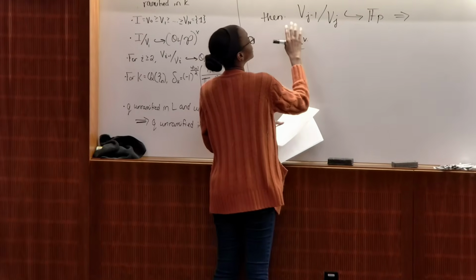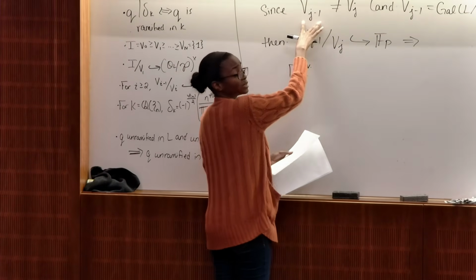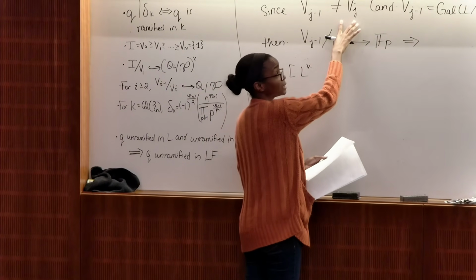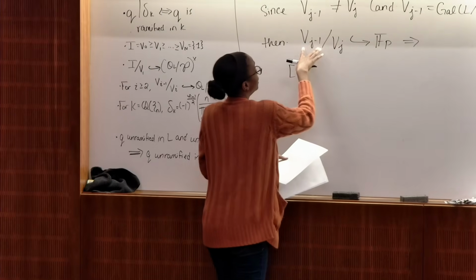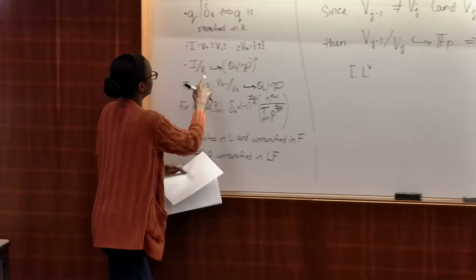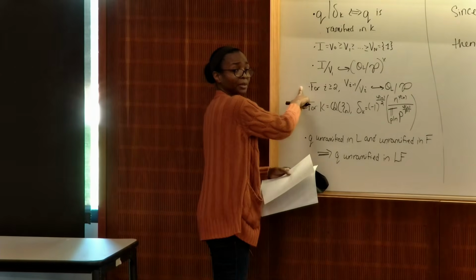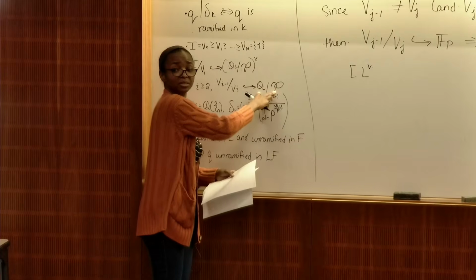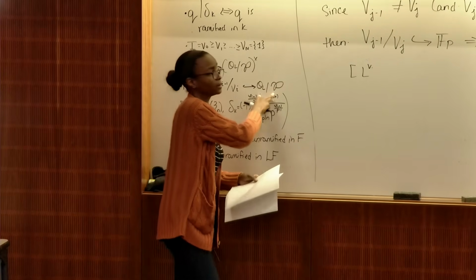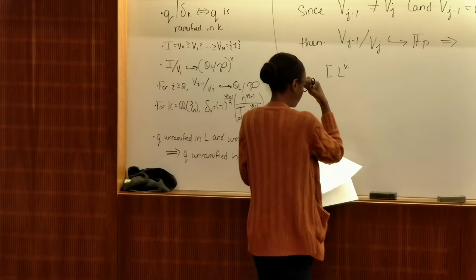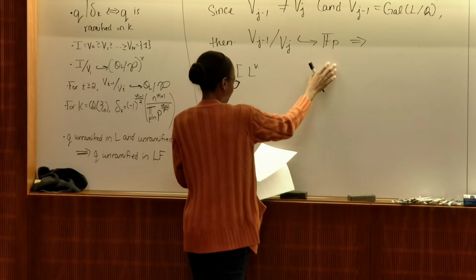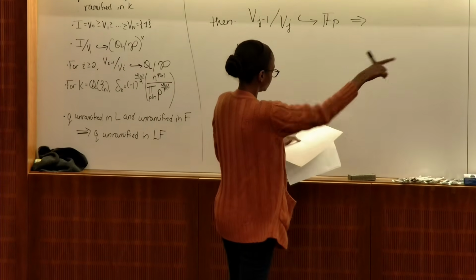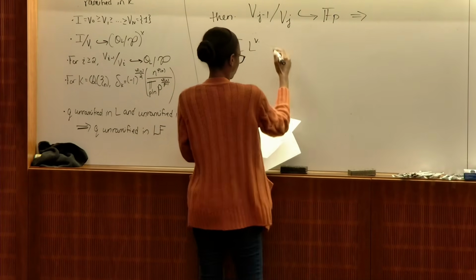Let me tell you what's happening here. This one must be the entire Galois group because this is the first higher ramification group. It is not the entire Galois group. According to, which bullet point is it? According to this one, this group injects into O_L mod P, but as we said before, O_L mod P is F_p. So what does this do for us? Let me finish saying what I'm saying.